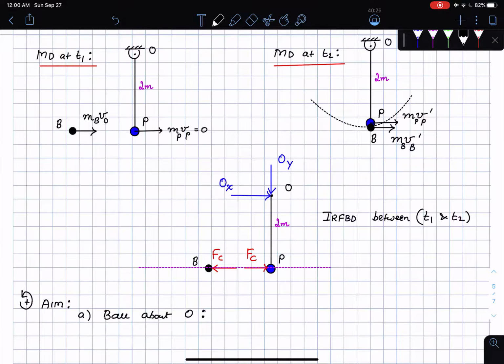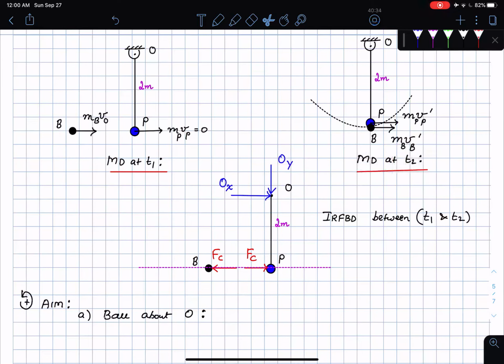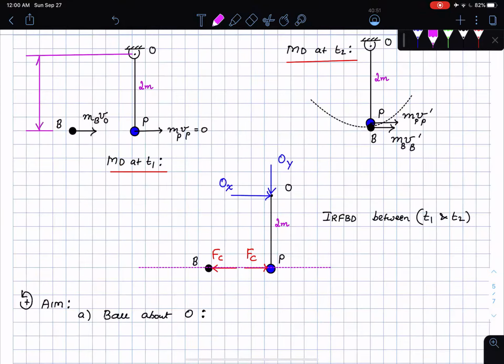If I look at the perpendicular moment arm to the point O, that's this distance that I see here, a distance of 2 meters. If I use the right hand rule, this produces a counterclockwise rotation. So this is going to be m_b v0 times 2.